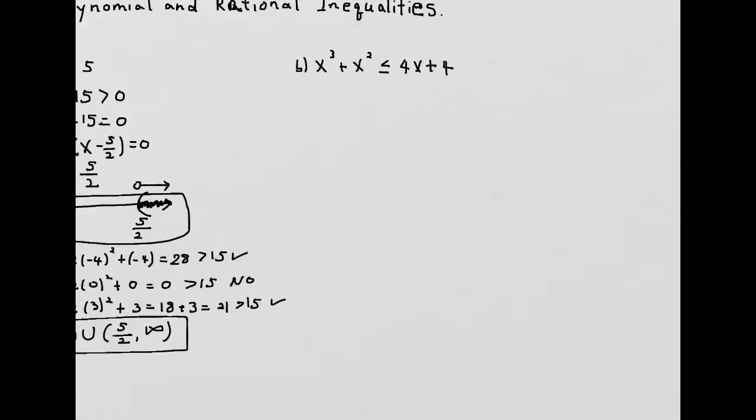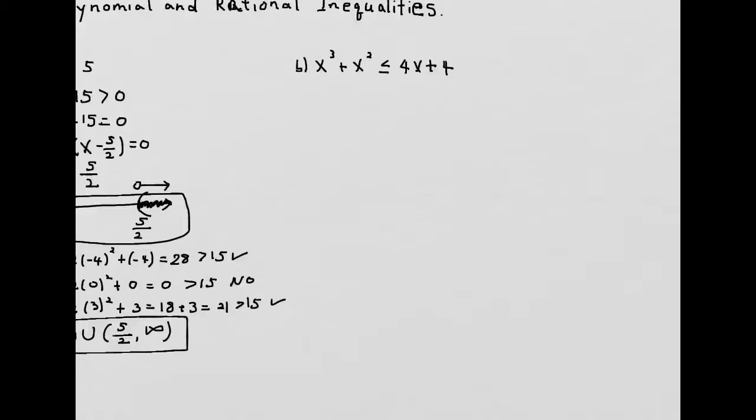Let's look at another one just like that. We have x cubed plus x squared is smaller than or equal to 4x plus 4. So remember, the very first step of solving a polynomial inequality was letting one side equal 0.